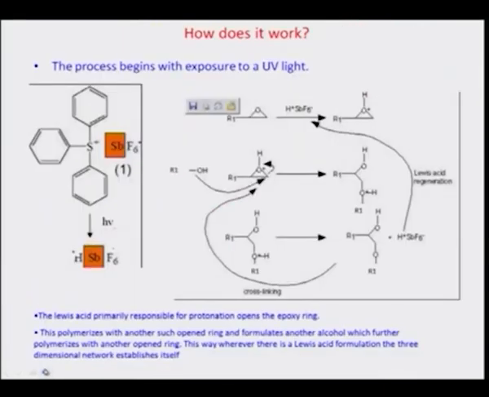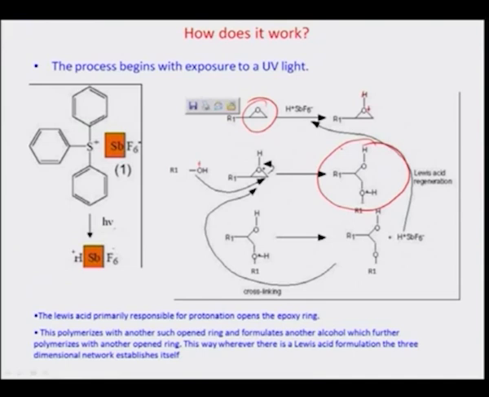What happens is that the epoxy group on the photoresist opens up in this manner. So, you have the H bonded to O, giving a plus charge on the O, and then you have a similar kind of bonding from another R1OH which is already present, and so you can club both these R1O plus H and R1O plus H in this particular manner.